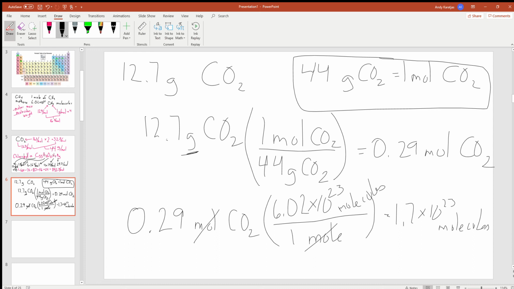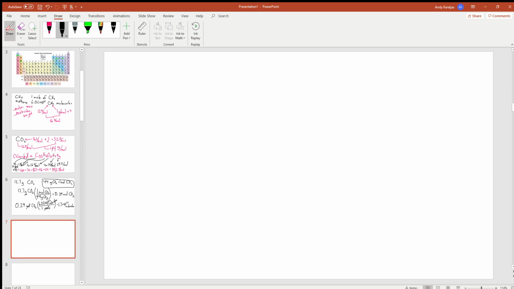The last piece of this that we need is to go the other direction. So let's pick a substance and pick a number of moles. So what if we have 1.5 moles of calcium hydroxide?